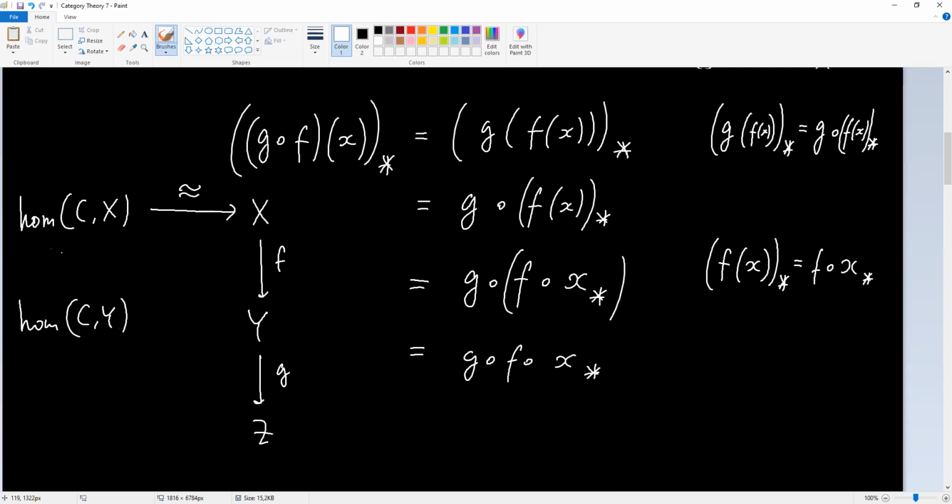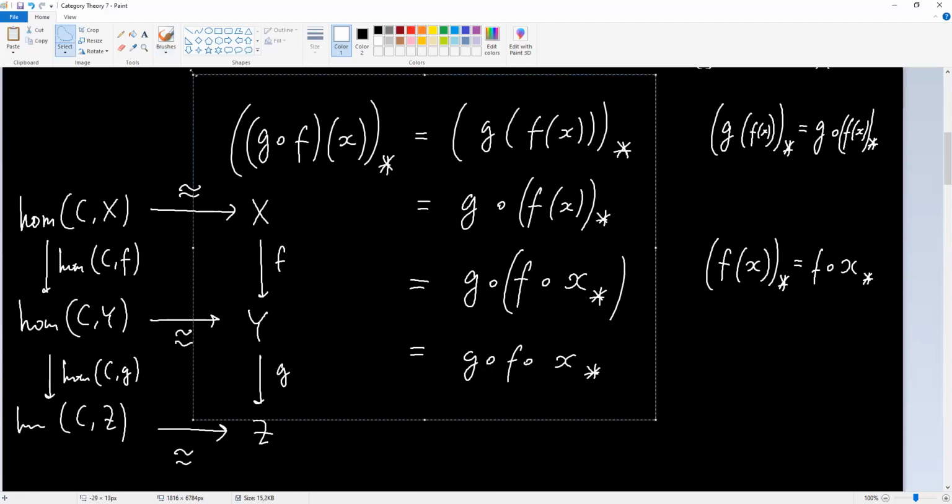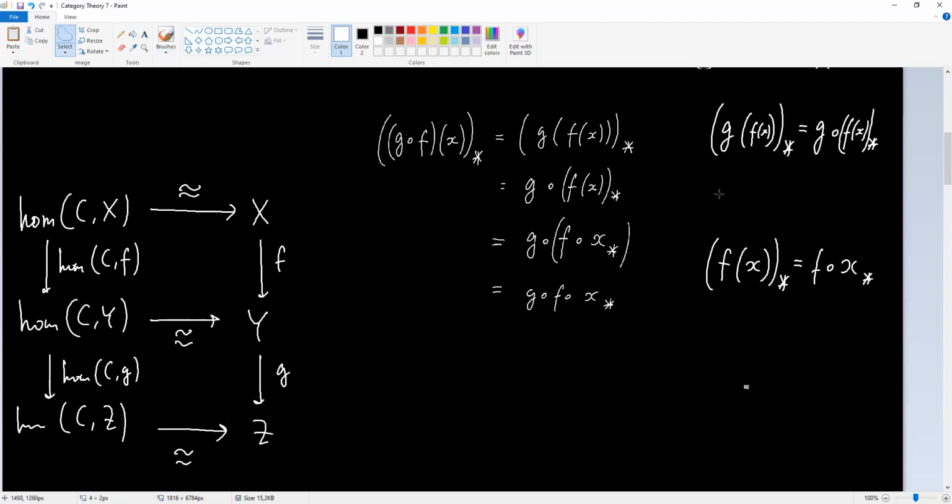So this is this function CF, the one that composes things with F, and this is the function CG. And at each layer we have these bijections, and I think the formula I was looking for is simply commutativity of the diagram we obtained here.